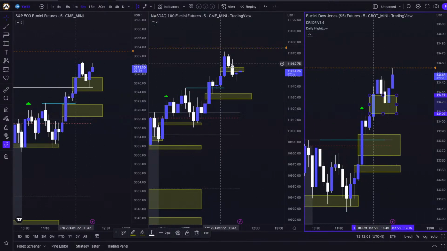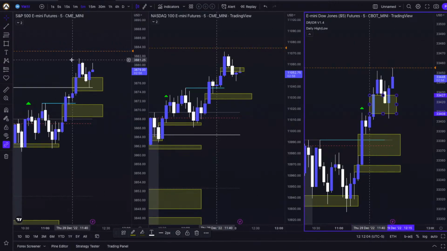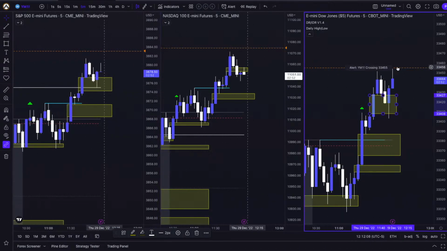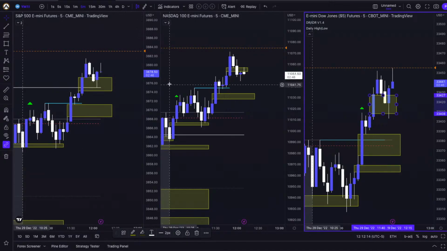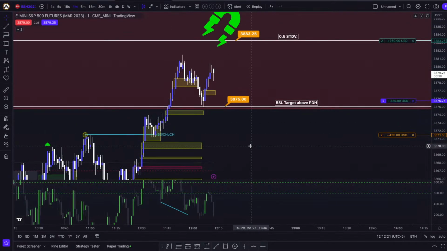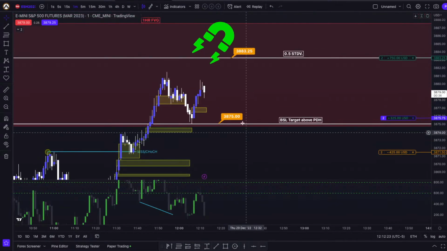We will see if it also will be hit on the other two US indices. But I'd say US 30 already hit our target. Alert didn't trigger yet. And this could be that small, tiny little divergence at the top for a potential reversal. But I'm not trying to call that.